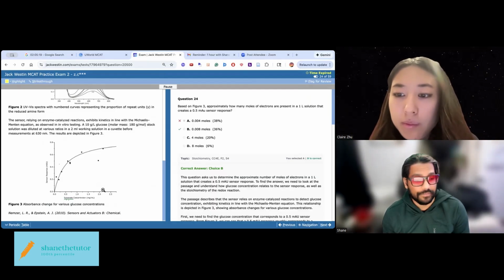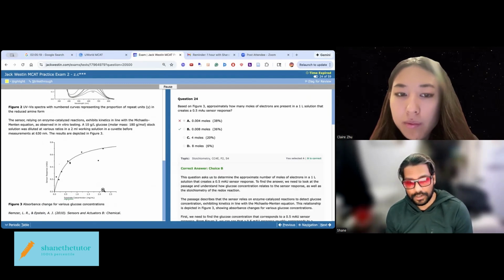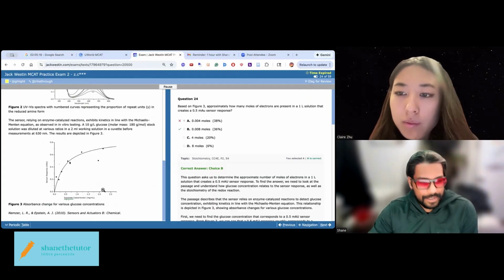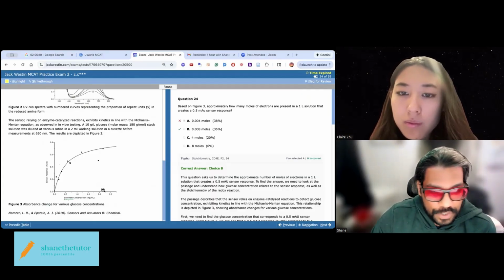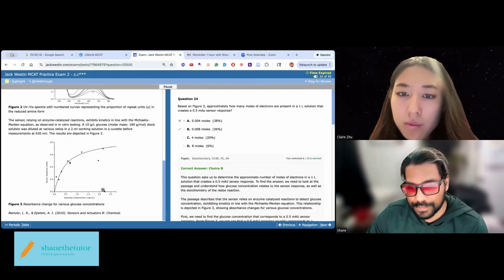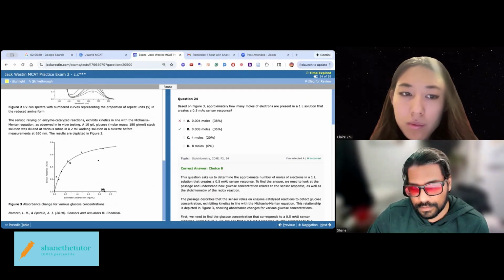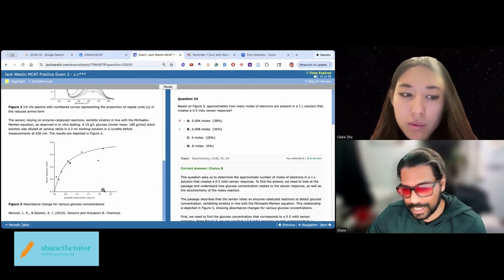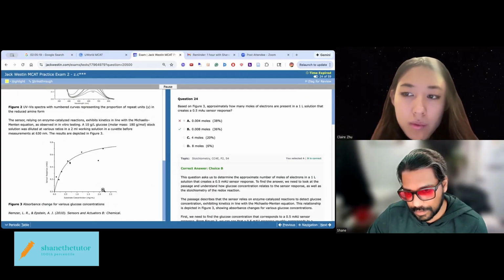So that's separate from what figure three is telling us. So figure three, I don't even think is going to matter as much as what they told us about the redox reaction that they mentioned earlier in the passage.